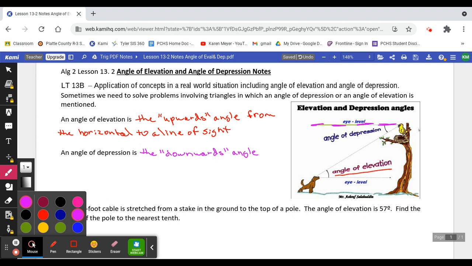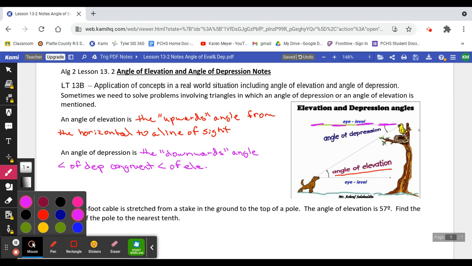But good news to us, if you remember some things from geometry, the angle of depression is congruent, and remember, congruent means equal, to the angle of elevation.